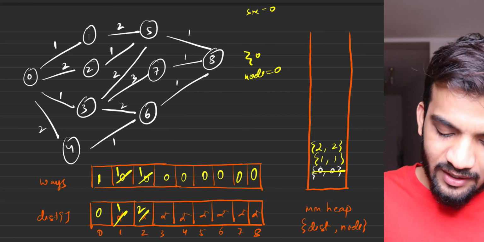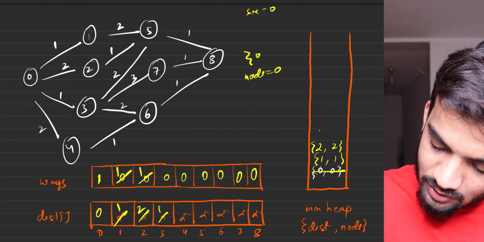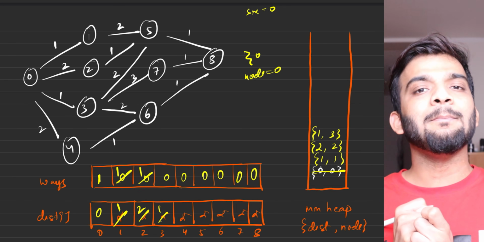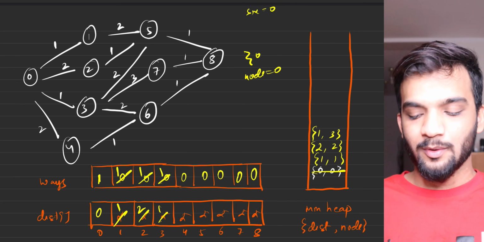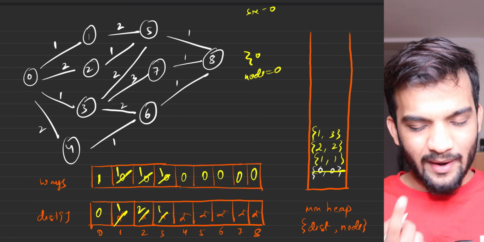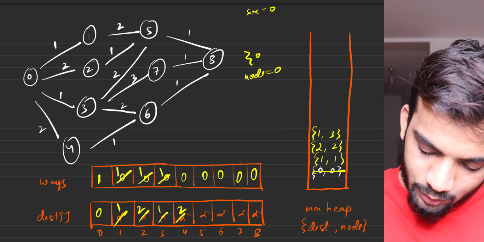Next, you can definitely go to 3, which is taking 1. So I can say 3 is taking 1. So 1 comma 3 is what you'll put into the minimum heap data structure. Okay. Now what I will do is I'll also update the ways to be 1. Because if you're coming from the source, again to 3, it will be one way. Similarly to 4, the distance will be 2. So go and update the distance to 2, the ways to 1.